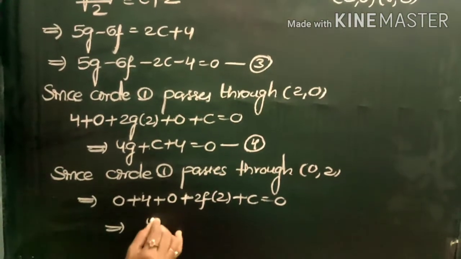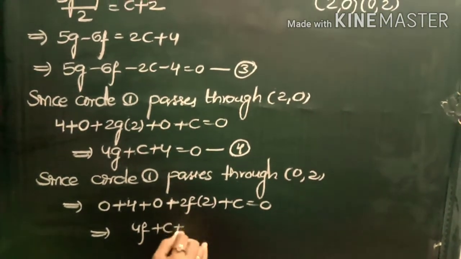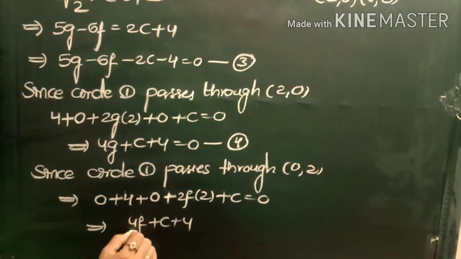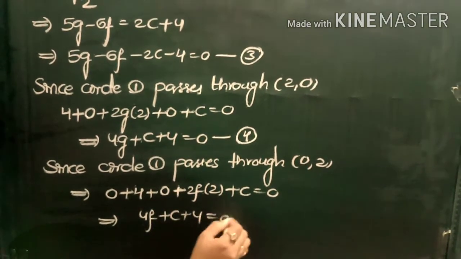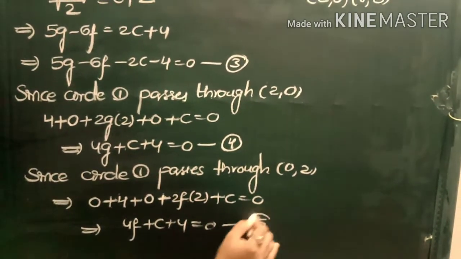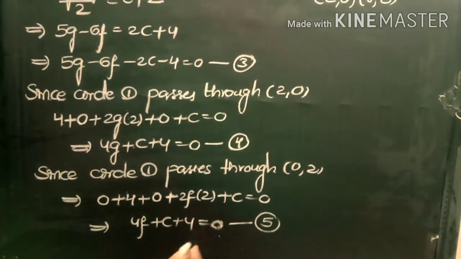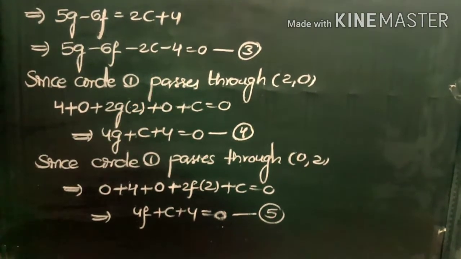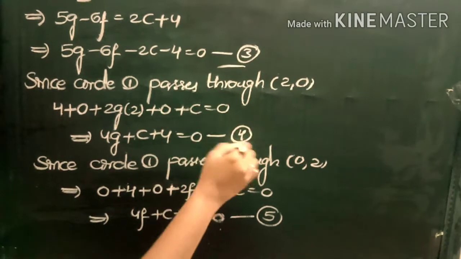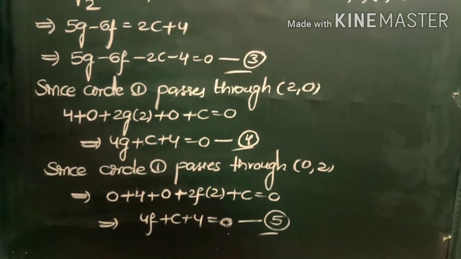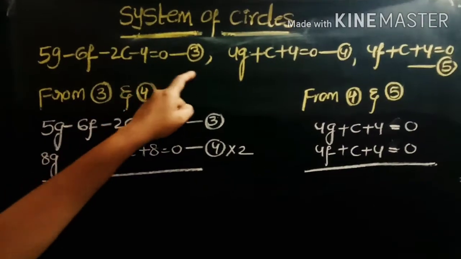That is 4f plus c plus 4 equals 0. So this is equation 5. Now we are finding the values of g, f, c by solving the third, fourth and fifth equations.